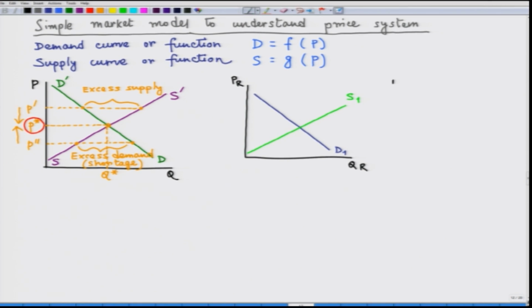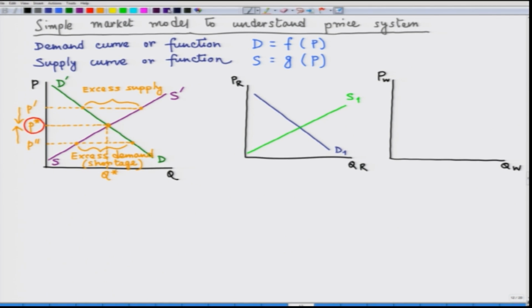Now, let us also draw the diagram for wheat. Along the horizontal axis I am measuring the quantity of wheat denoted as QW, and along the vertical axis I am measuring the price of wheat, which is PW. So, we have to plot the demand and supply curves again.